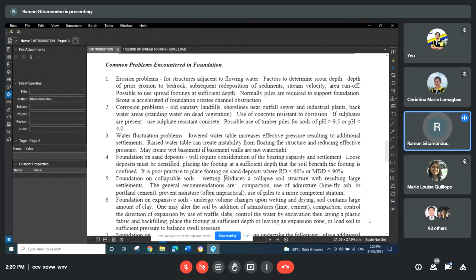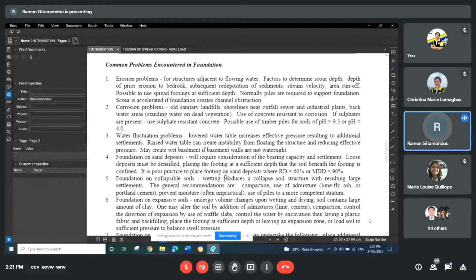Then if the basement intercepts the water table, you might need to consider waterproofing, and also you have to be very careful in doing the construction joint, because the concrete for the basement cannot be poured monolithically all at once.